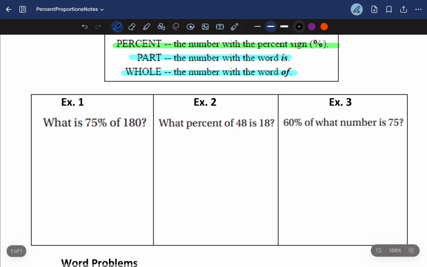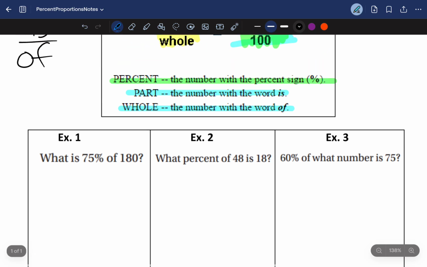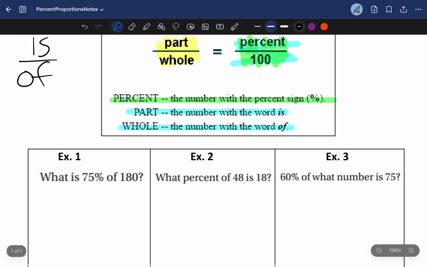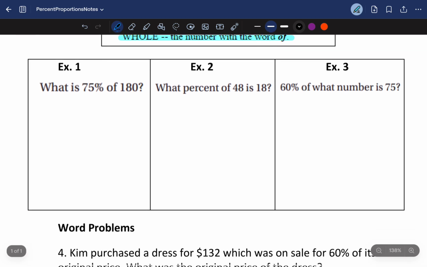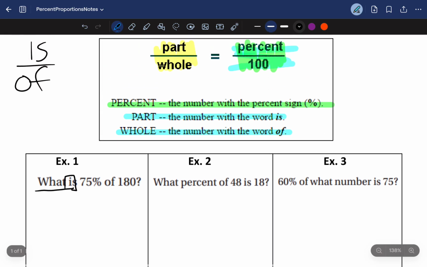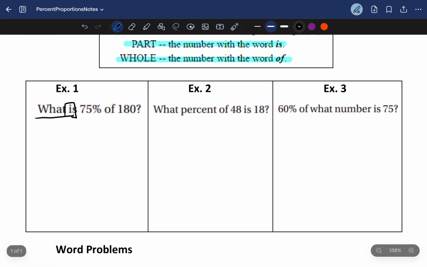Let's take a look at these examples. Example 1 says, what is 75% of 180? Using the formula from up above, part over whole equals percent over 100, I'm going to apply it to this word problem. The word is goes on the top, which is actually the unknown amount.